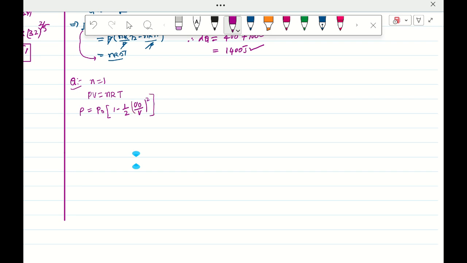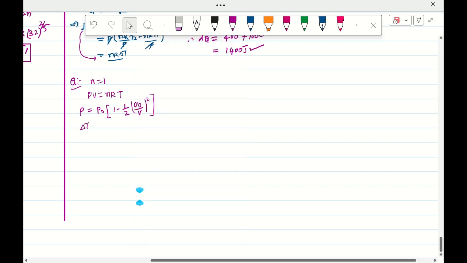So P naught and V naught are constant, while V is changing and the P value also changes. When the volume changes from V naught to 2V naught, the change in temperature, T2 minus T1, is how much?